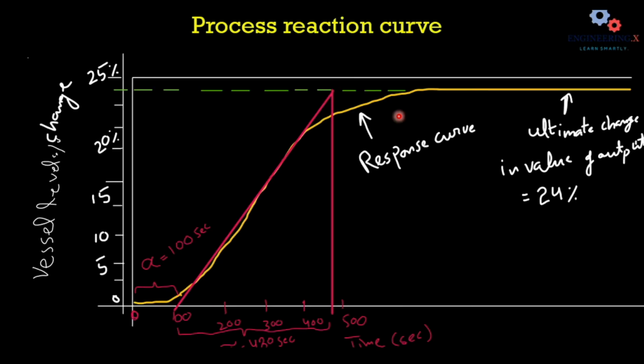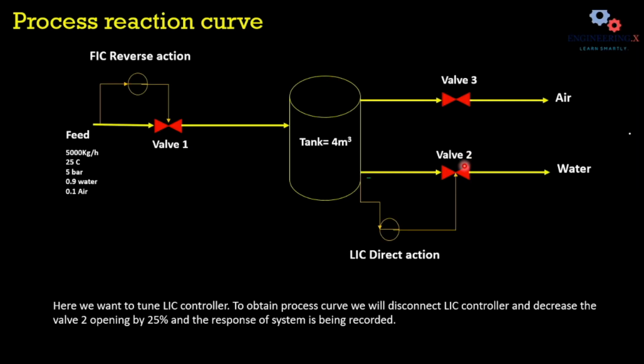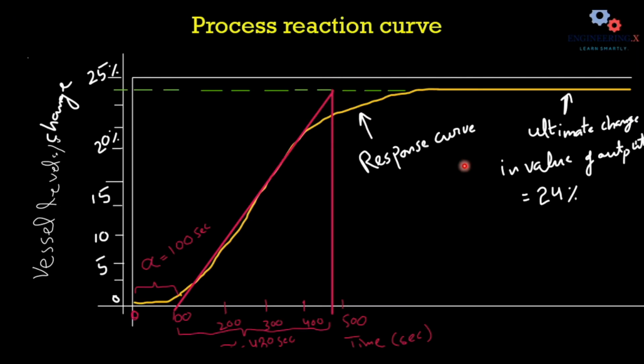And here is the process reaction curve. At time 0 we introduce the disturbance into the system by decreasing the percentage valve opening of control valve number 2. Then the system starts to give a response.